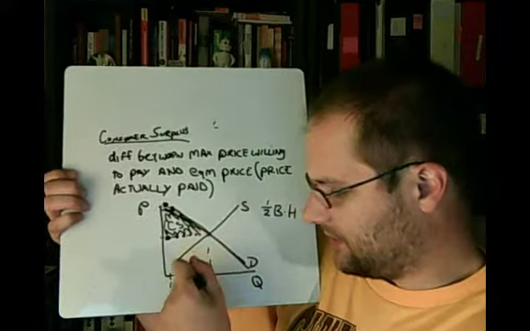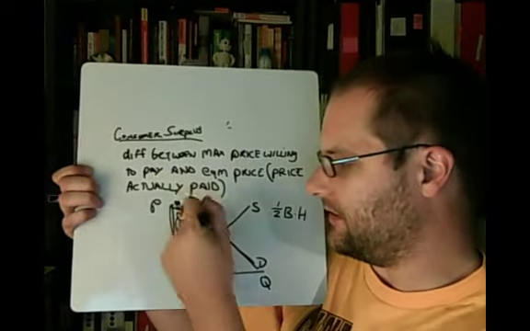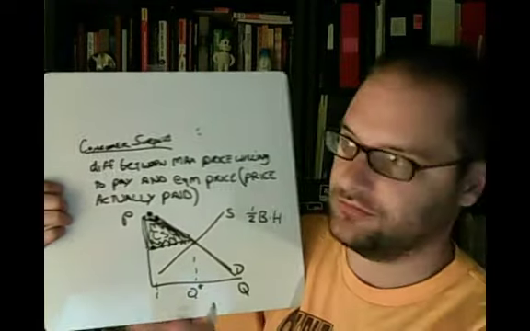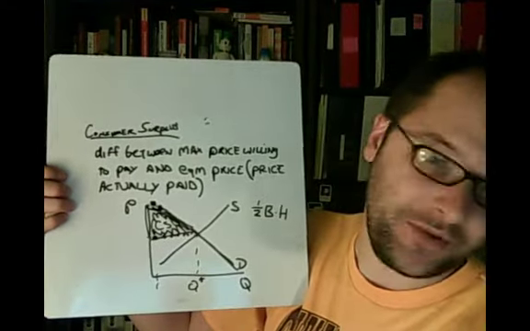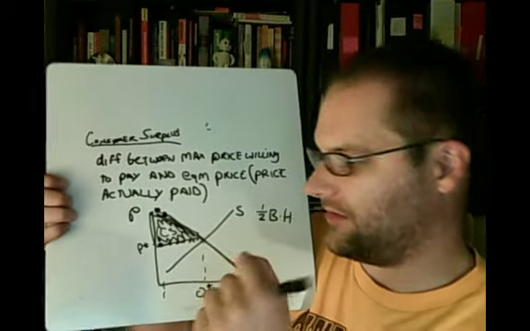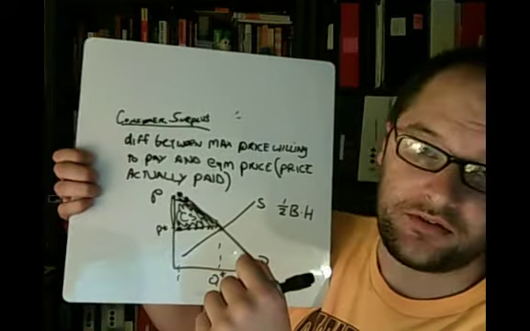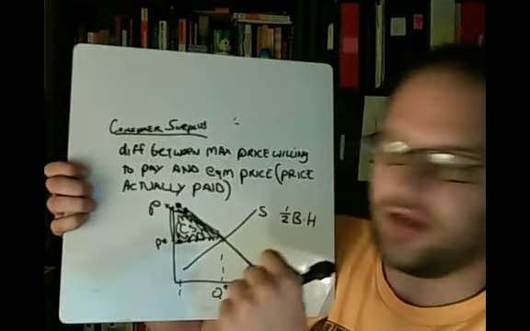We need to know the equilibrium quantity, which will be the height of this triangle, or depending on your perspective, it could also be the base. You're going to need to know the equilibrium price, and you're going to need to know this price as well.